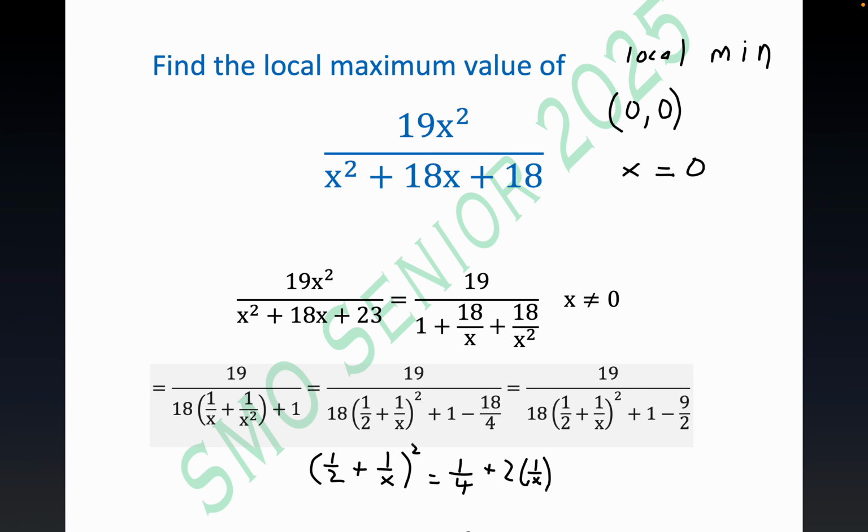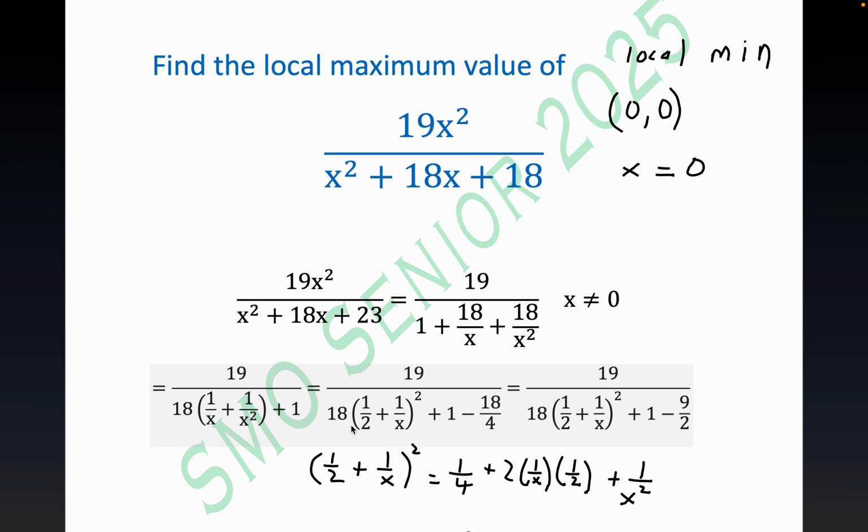Okay, 2 times 1/2, plus 1 over x squared. So you see there, folks, when you expand this out, you do get the 1 over x squared term, and you do get the 1 over x term because the 2 and the 1/2 cancel, right? But you also get this 1/4 term, all right?